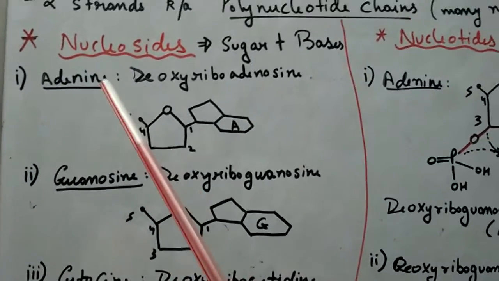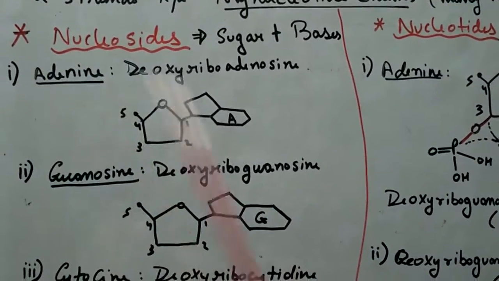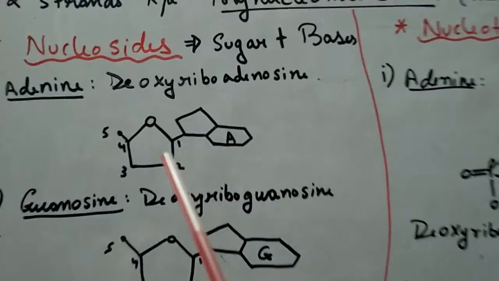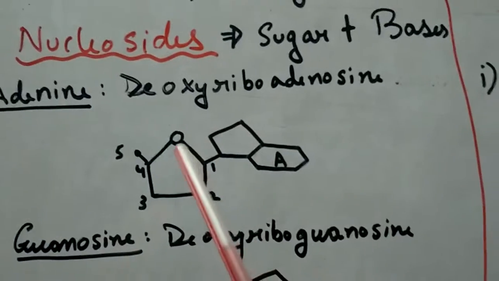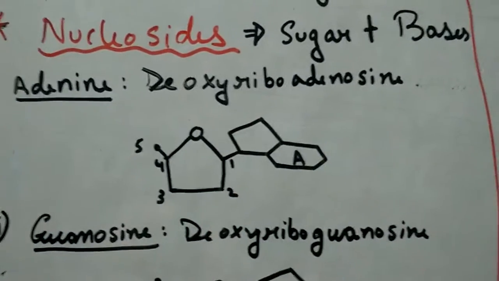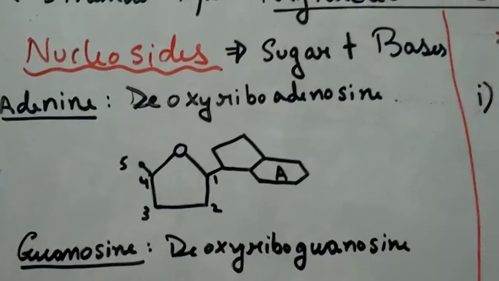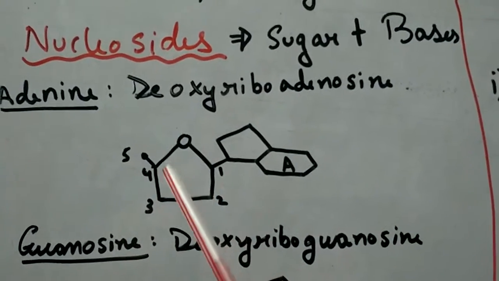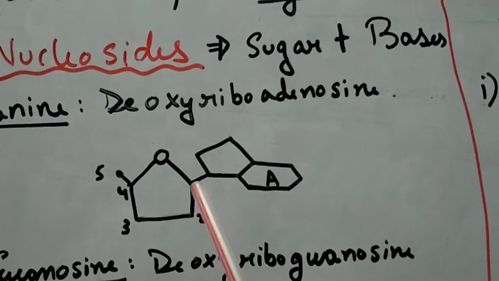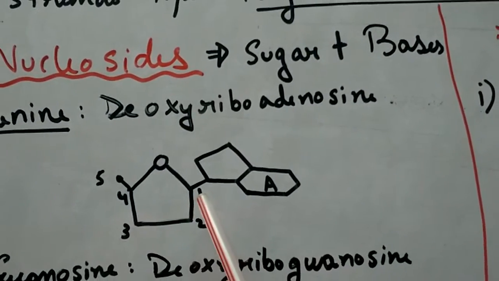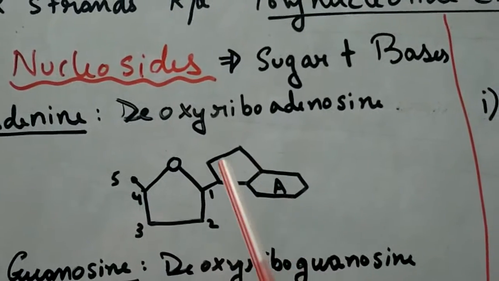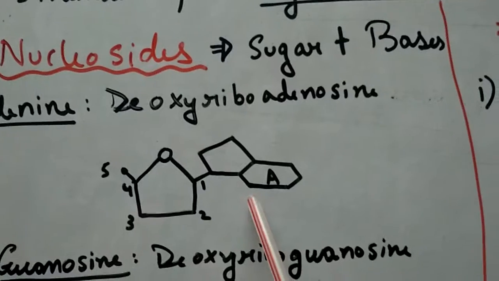These are adenine, or deoxyriboadenosine. Here, if you observe, this is the deoxyribose sugar that I have already told you about in my previous video. This is the sugar portion, the ribose pentose sugar, and on carbon number 1 this adenine nitrogenous base is attached.